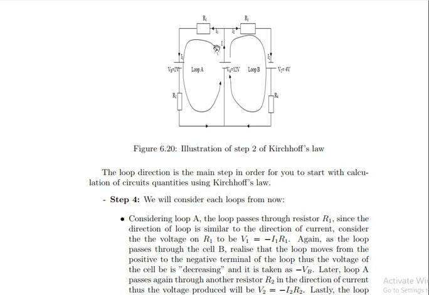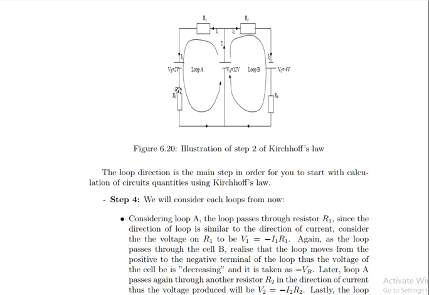Since current is in the same direction as loop A, the voltage drop on R1 is going to be negative. In this other case, the loop is moving from the positive terminal to the negative terminal of this cell, so it is decreasing. It implies here that the voltage VB is going to be negative.